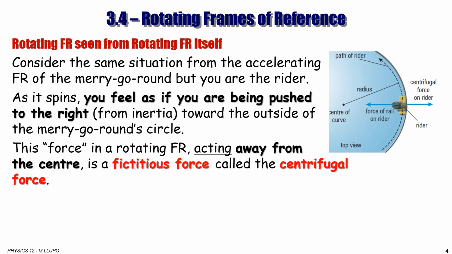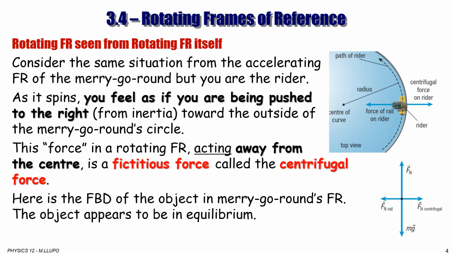You are not moving relative to that rotating frame of reference, because you are sitting there or holding on to that rail. Relative to the merry-go-round, you are not moving. So how can we explain that equilibrium in that rotating frame of reference? The only way is for the forces to cancel each other.